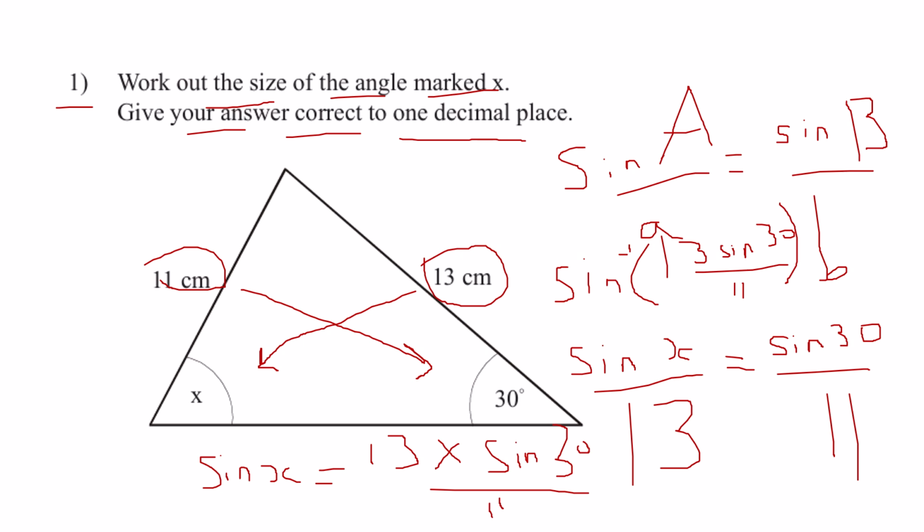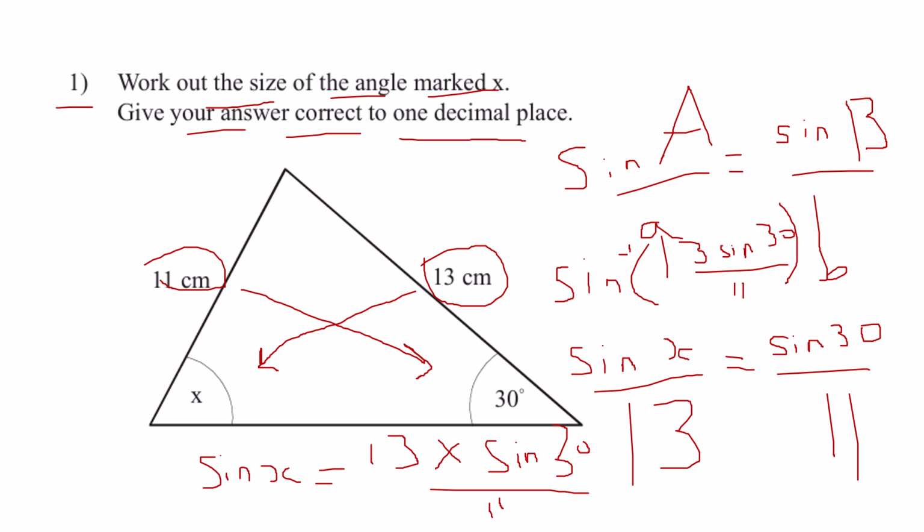When we do that, what do we get? Well, we are going to get sine to the -1 of 13 sine 30 divided by 11.